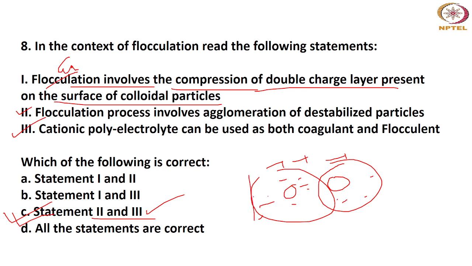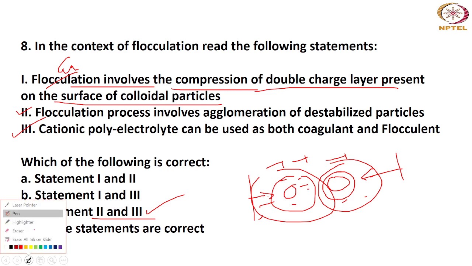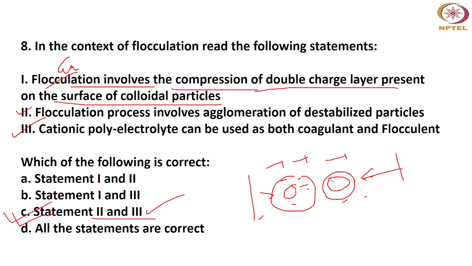So these are coming towards each other, and that's why this double layer is getting compressed and reduced. This is the fundamental concept. Now see, the double layers are getting compressed as the particles come closer to each other. So this compression is related to coagulation, not flocculation.